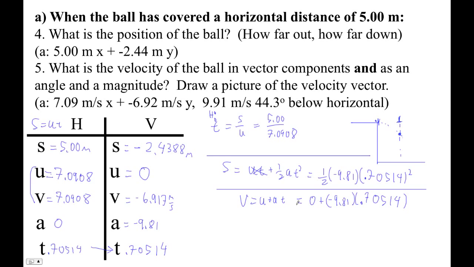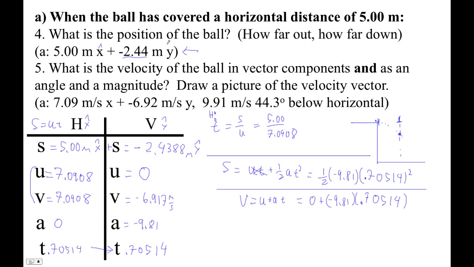Right? Okay, so now we want to know what is the position of the ball. Well, it's 5 meters in the x direction, because this is x hat, right? This is y hat, right? Plus negative 2.4 meters in the y direction. Here it is unrounded, there it is rounded, okay? So that's how far over, how far down. If you just write it this way, I'm happy, right?